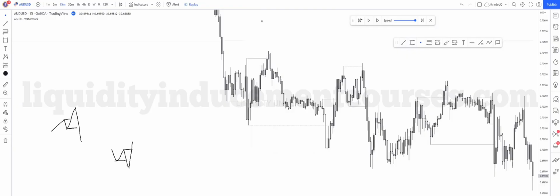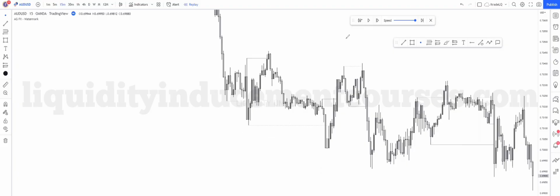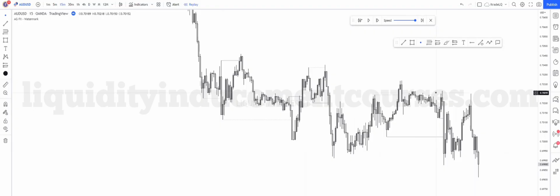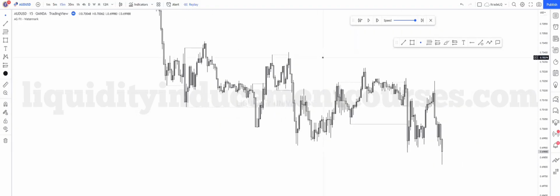Notice, all right? They're so close to each other. It's like they're almost connected, but yet they're two different patterns. See that? It's just the beauty of the market being fractal, right? So this is what we've pretty much found on the 15-minute time frame.